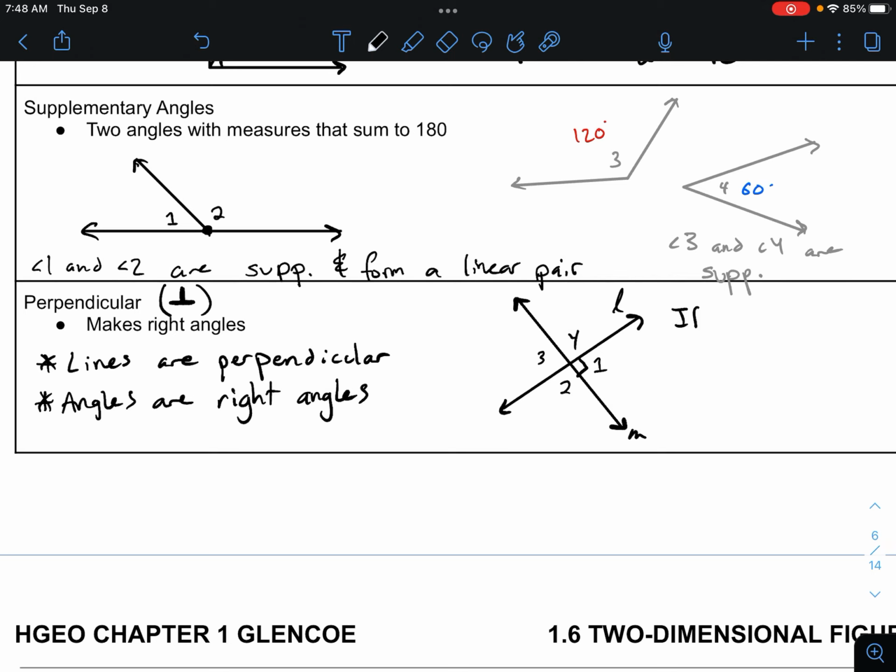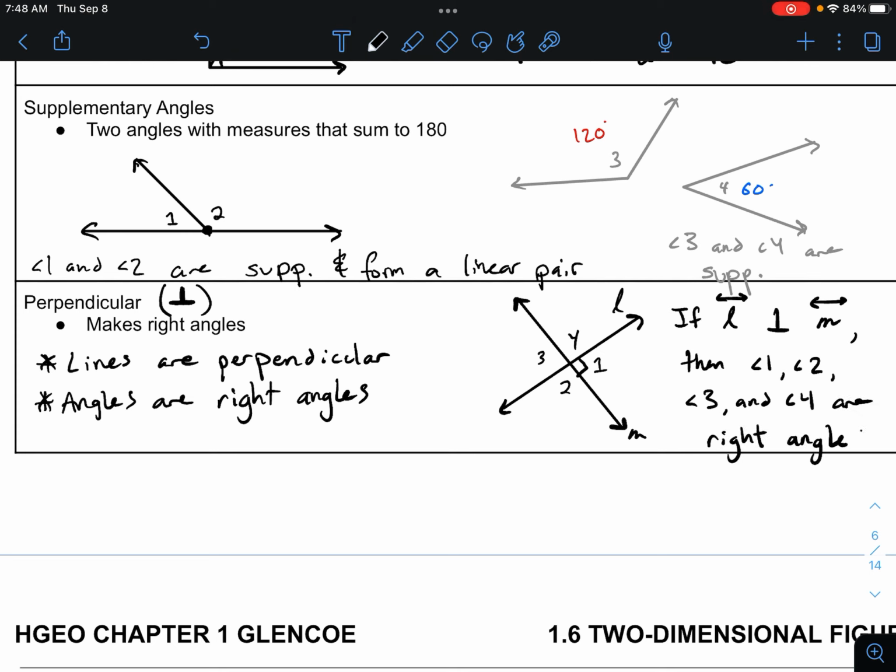I'm going to say that if line L is perpendicular to line M, then angle 1, angle 2, angle 3, and angle 4 are right angles.